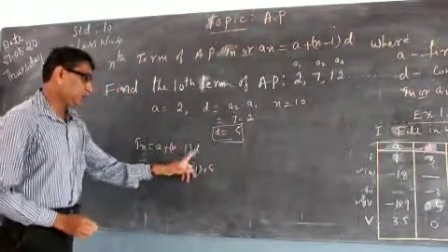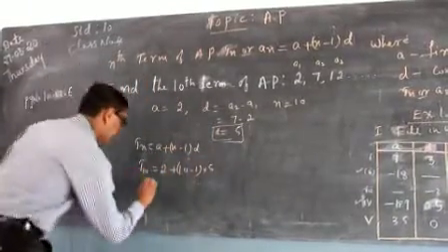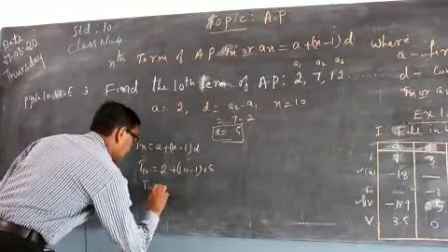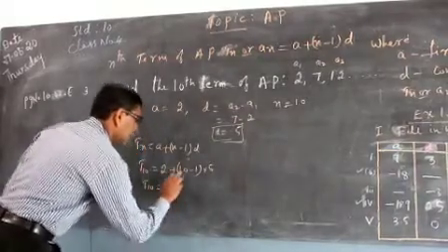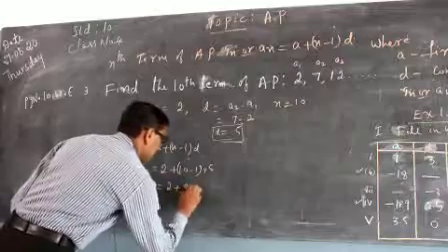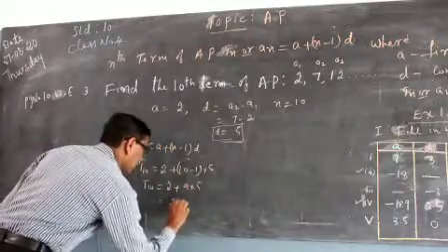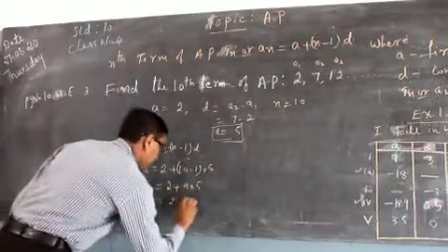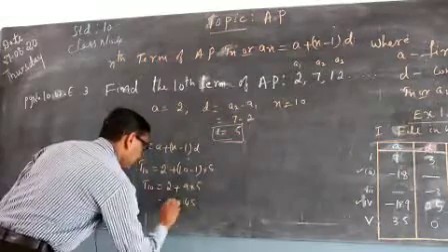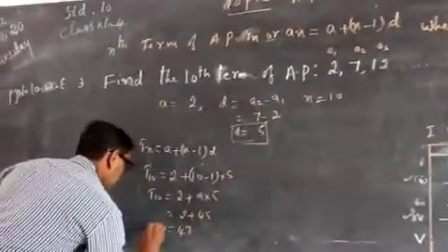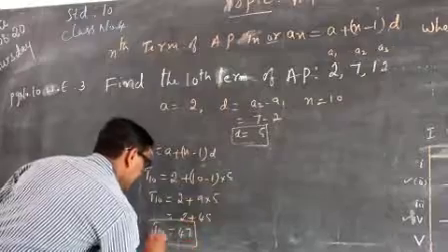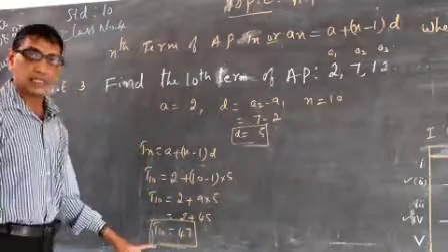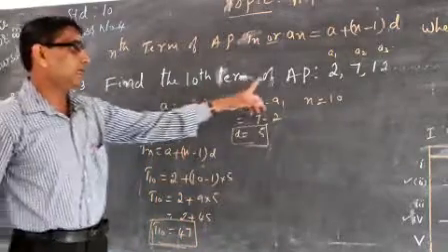You have to multiply n minus 1 into D. T10 is equal to 2 plus 10 minus 1, that is 9, into 5. That is equal to 2 plus 9 fives, which is 45. So 45 plus 2 is 47. T10 is 47. T10 or A10 is 47. This is the 10th term of the given arithmetic progression.